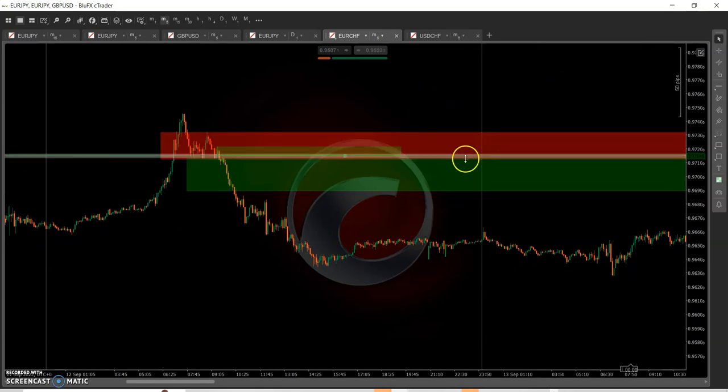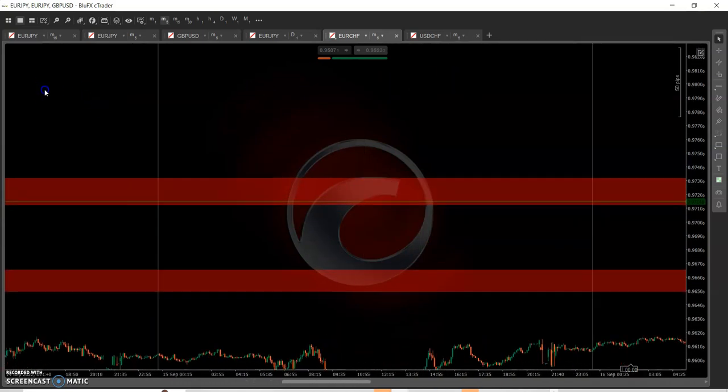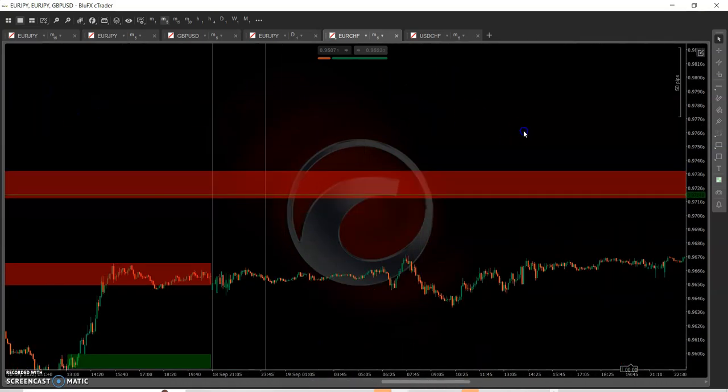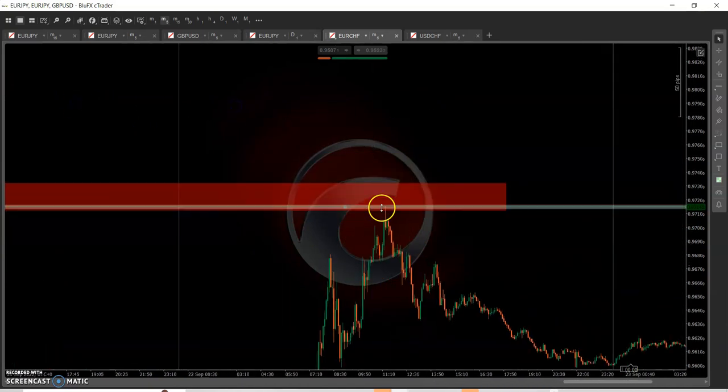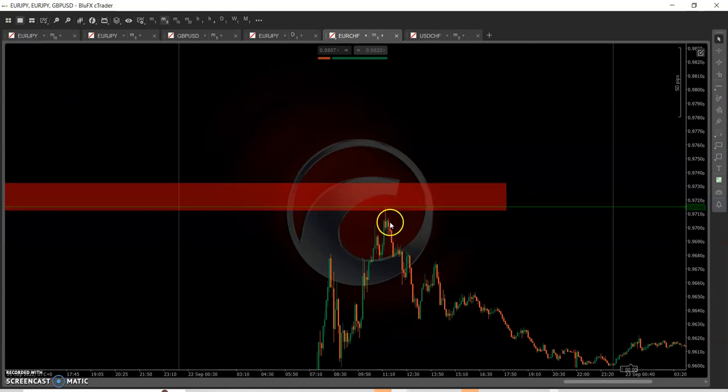And you see price just touched and came down. Let's go to where price was. Price just touched it and came down right away. Sniper, touched and fell back down.